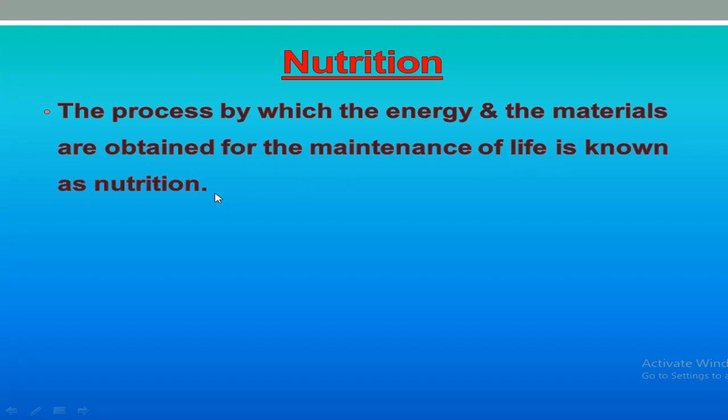Right, now we have learnt what is meant by nutrition. Nutrition means the process by which the energy and the materials are obtained for the maintenance of life. What is the energy needed for in our body? Why is energy needed for our body?